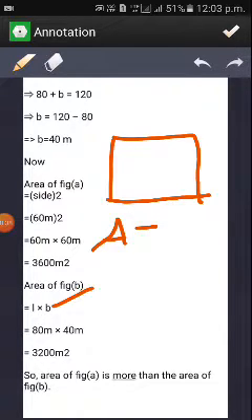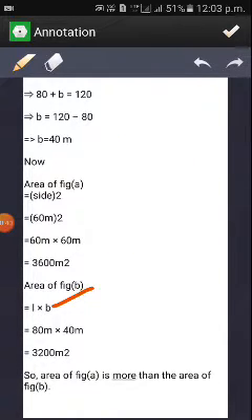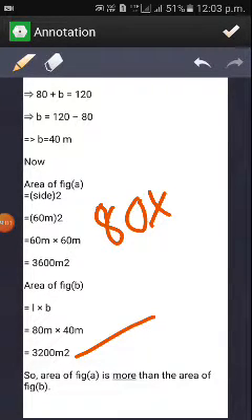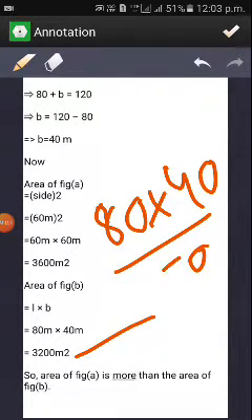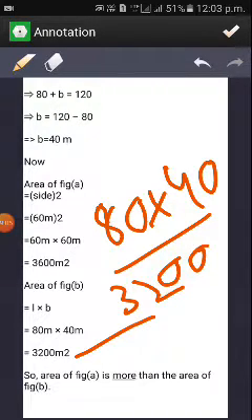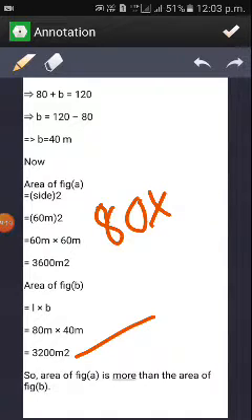So substituting 80 in place of length and 40 in place of breadth, we get area of figure B equal to 3200 square meters. We have multiplied 80 and 40 and got area of figure B equal to 3200 square meters.